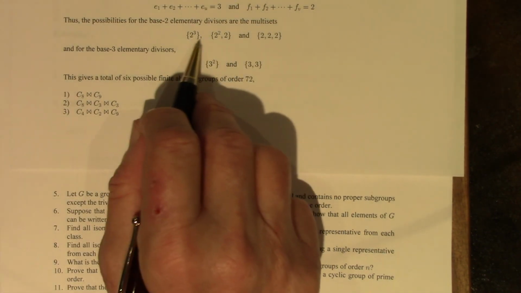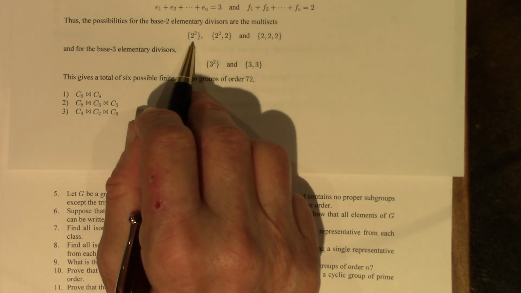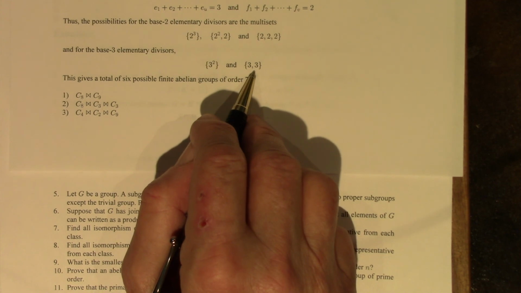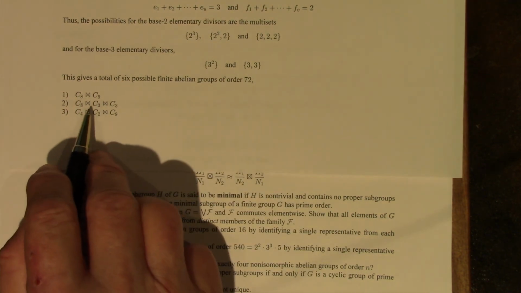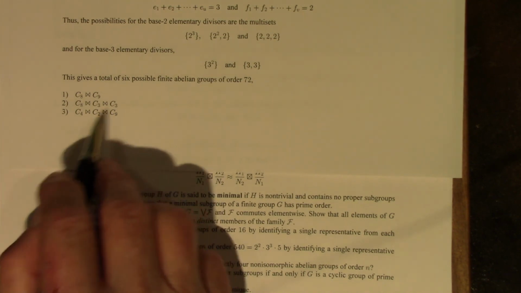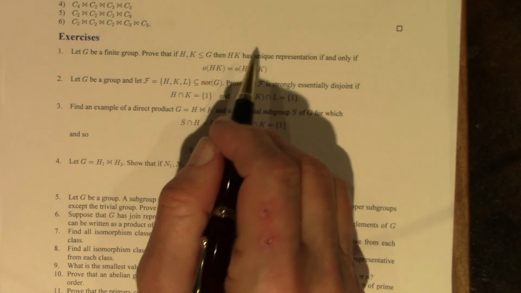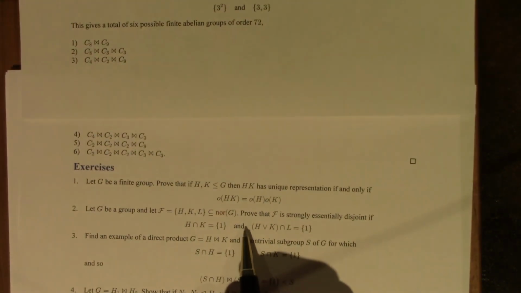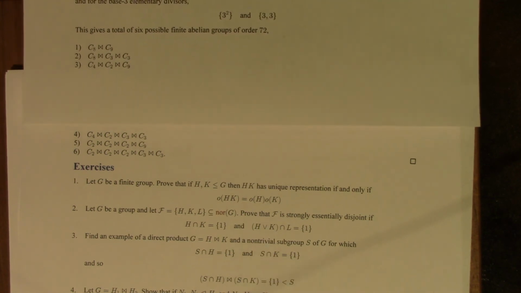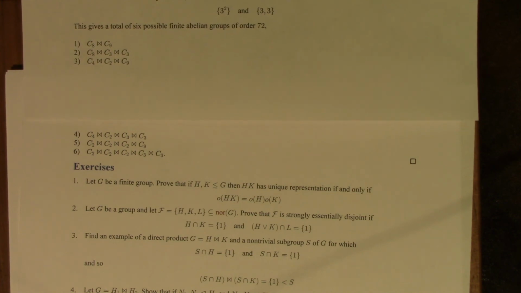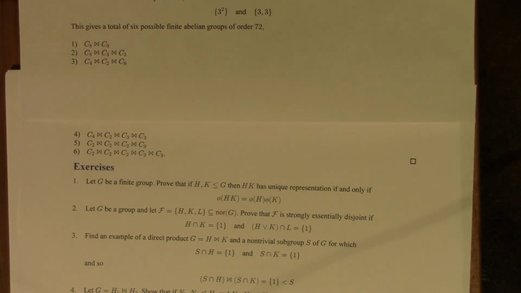Or if we take this multiset of elementary divisors, we get C8, direct product C3, direct product C3. And you can check the others. So here are all 6 possibilities. If I can get them on the camera, there we go. And we have characterized all finite abelian groups of order 72. They are all isomorphic to one of these 6 groups.